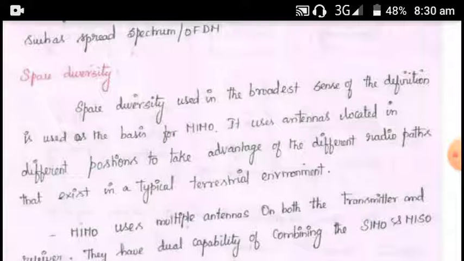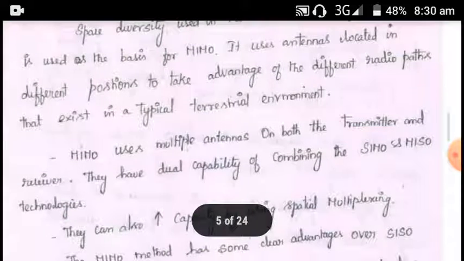So here in this space diversity, we are using antennas located in different positions. Okay, so it will take advantage of the different radio paths that exist in a typical terrestrial environment. So MIMO uses multiple antennas on both the transmitter and receiver.